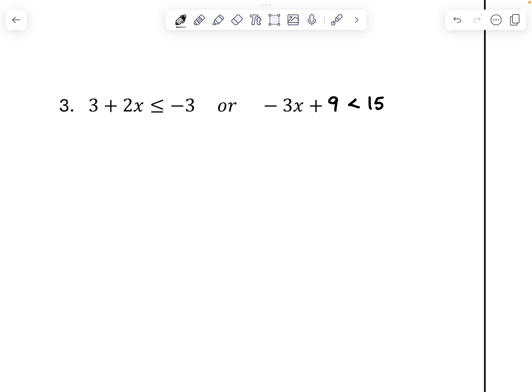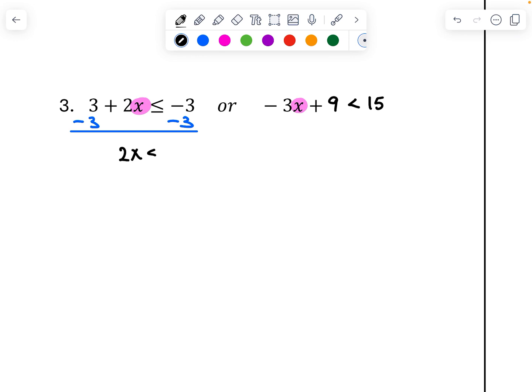All right, so first I am going to, because this is a disjunction, I'm going to solve for this x, and then I'm going to solve for this x. So I am going to subtract 3 from both sides, which is going to give me 2x is less than or equal to negative 6.